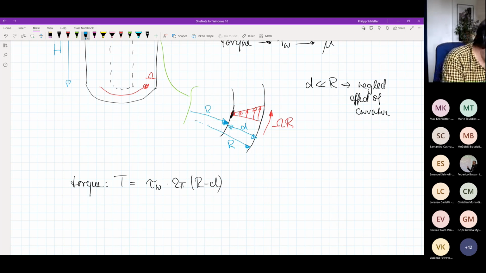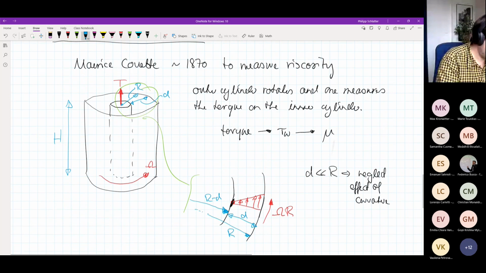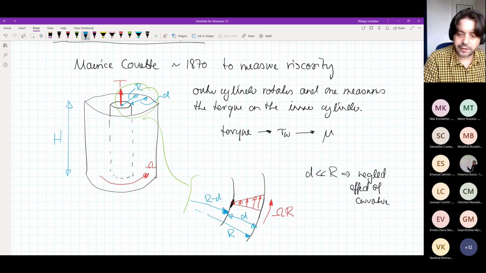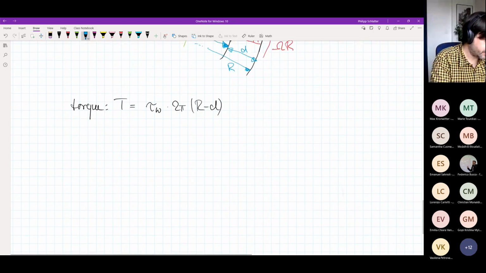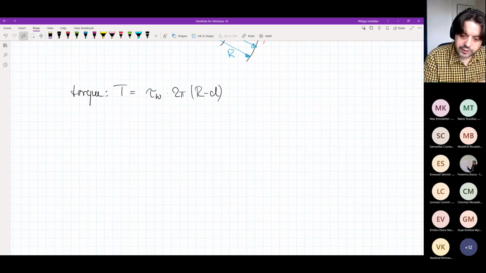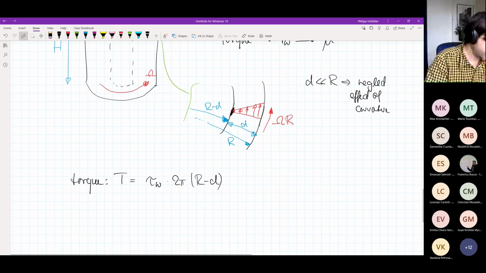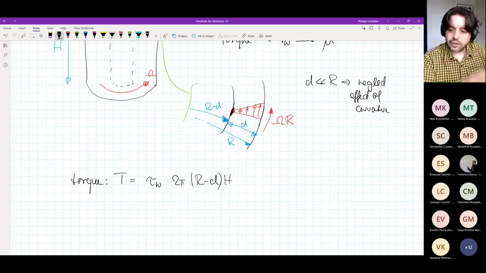So this is R minus d, and because it's a cylinder, we need to multiply it with 2 pi to get the circumference of the inner cylinder, and this needs to be multiplied by h, the height, to have the complete surface of the inner cylinder on which the tau W is acting.